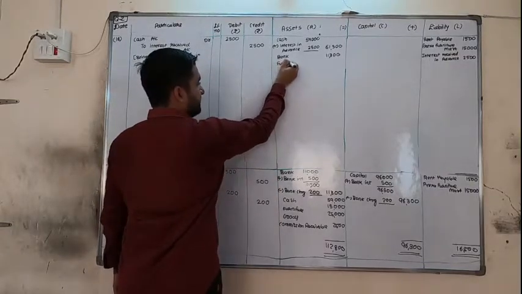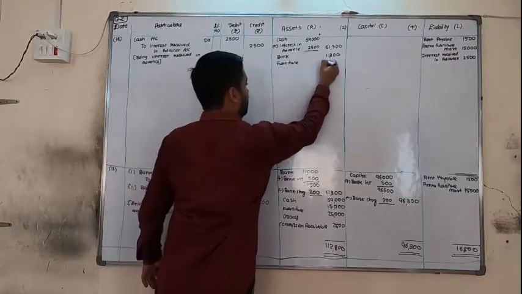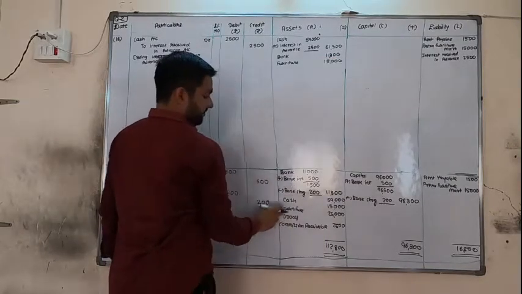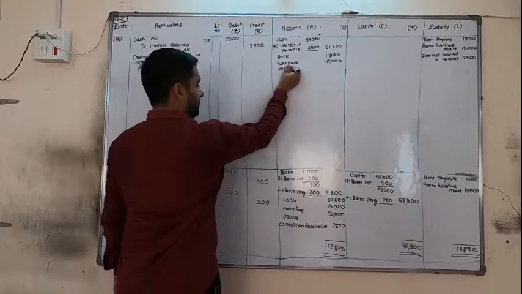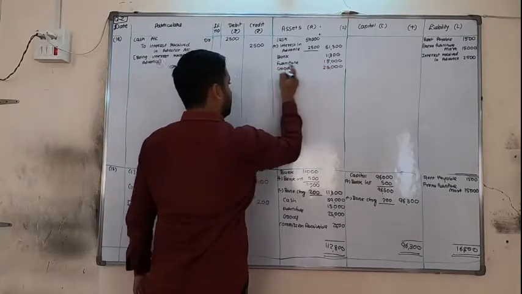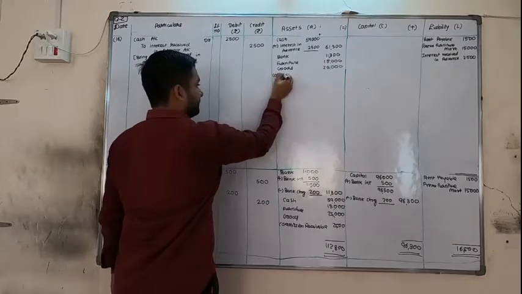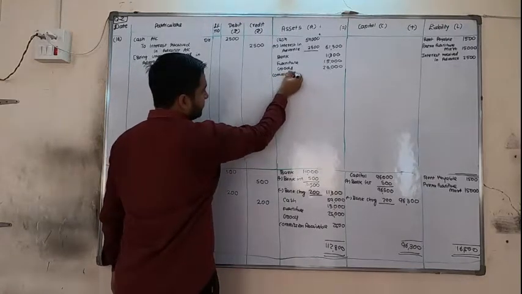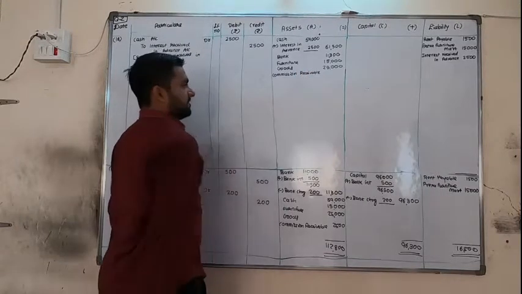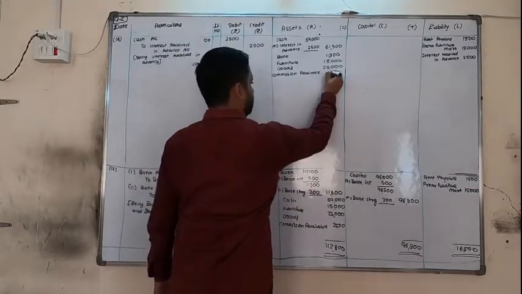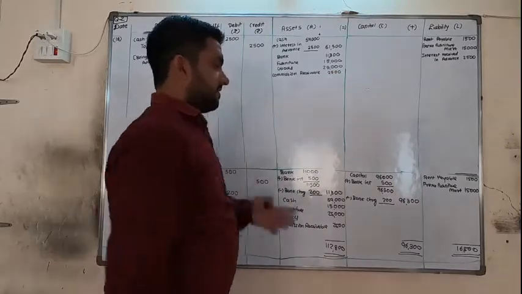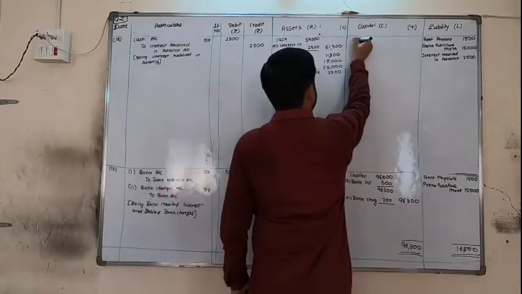Then furniture 15,000. Goods 25,000. Commission receivable 2,500. Capital 96,300.